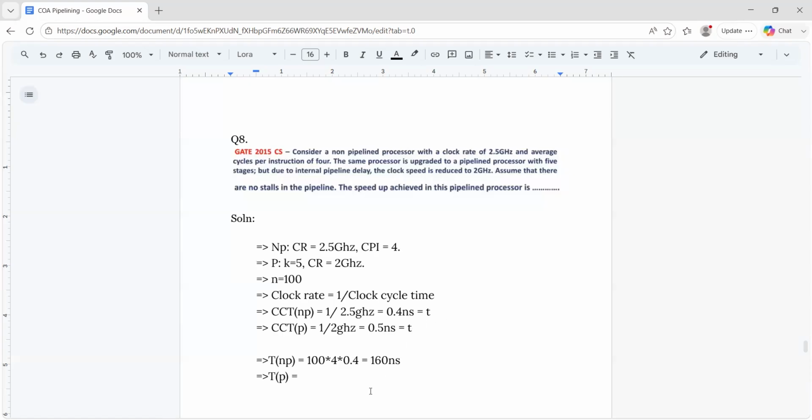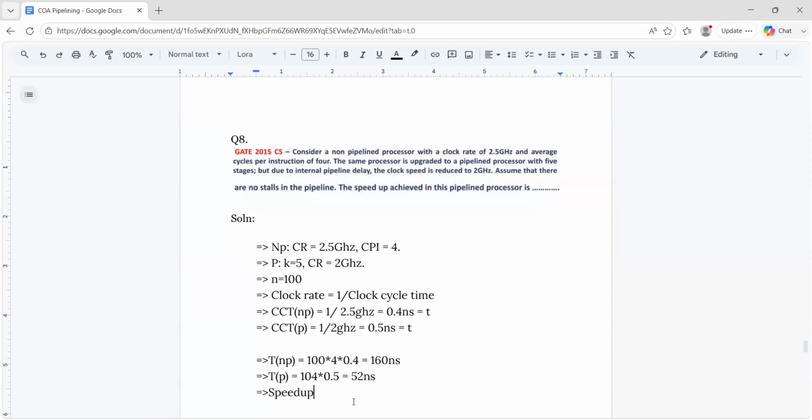Since the time is the same for all, we have the formula n plus k minus 1 into t, which will be 100 plus 5 minus 1, which is 104, into the time 0.5, which equals 52 nanoseconds.